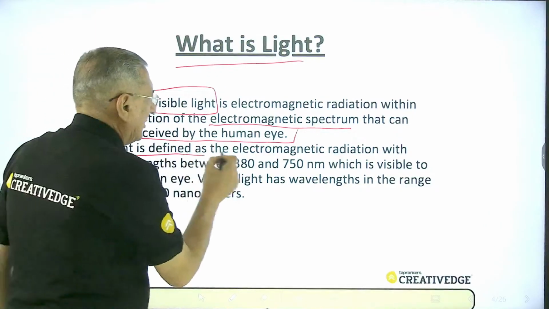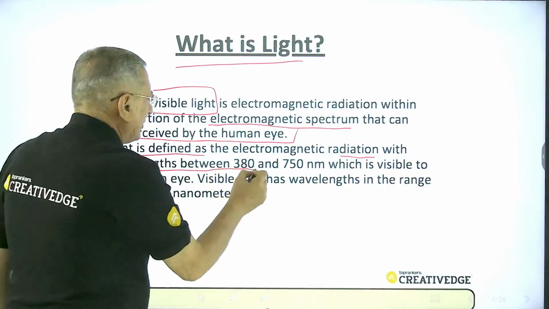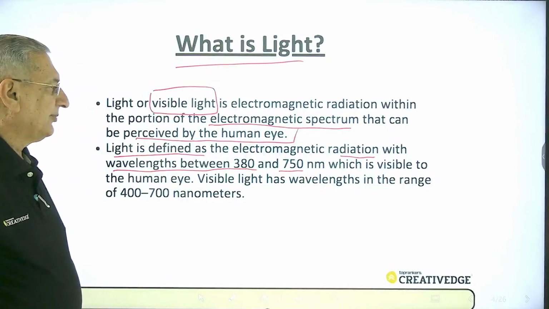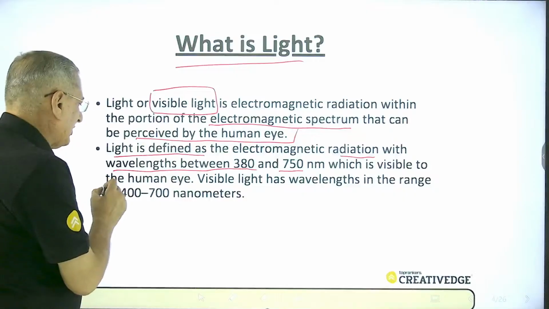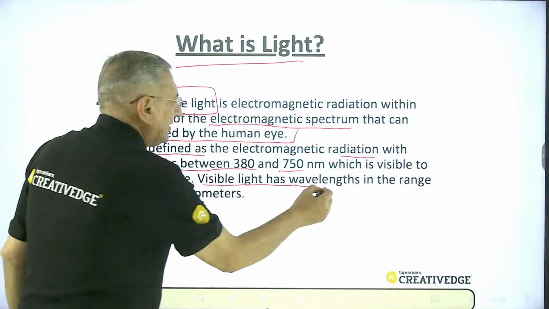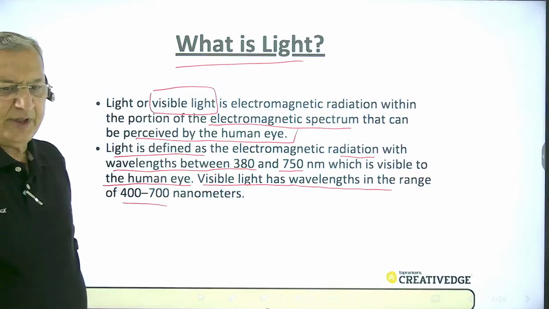So light is defined as electromagnetic radiation with wavelength between 380 and 750 nanometers. But what is visible to the human eye? Visible light has a wavelength in the range of 400 to 700 nanometers only.